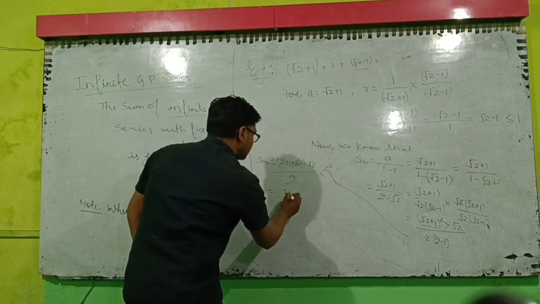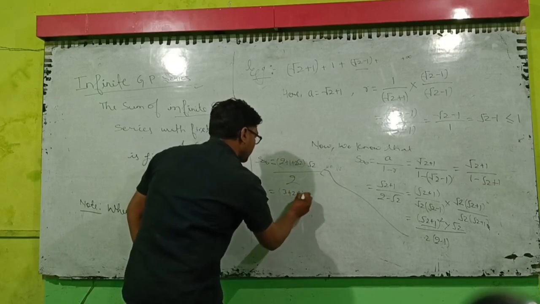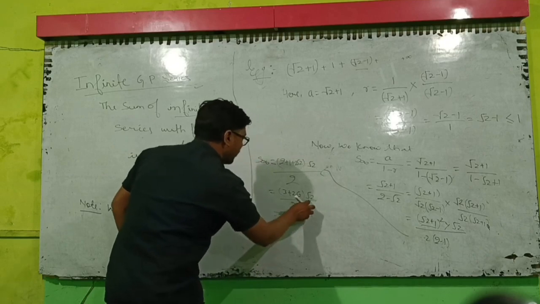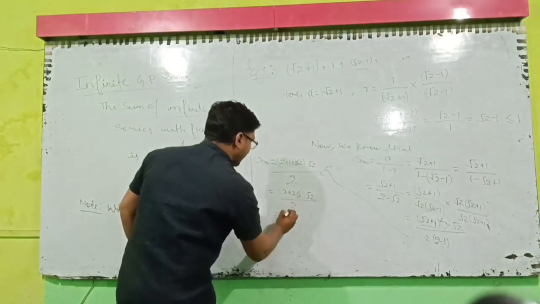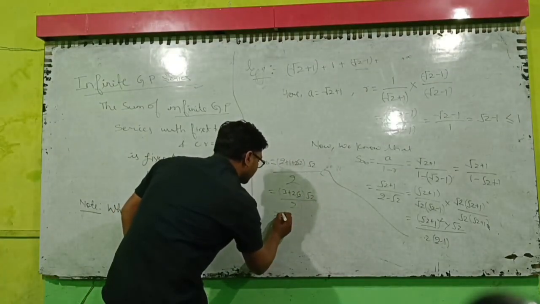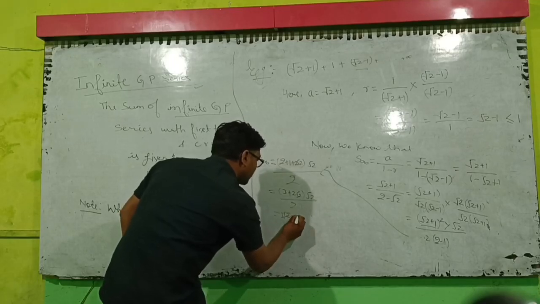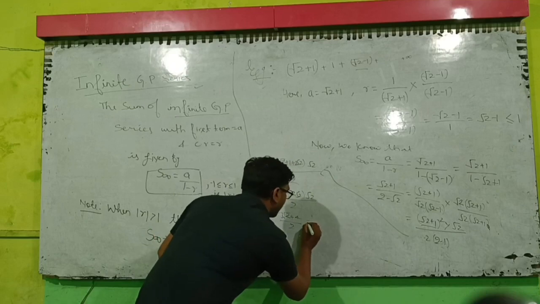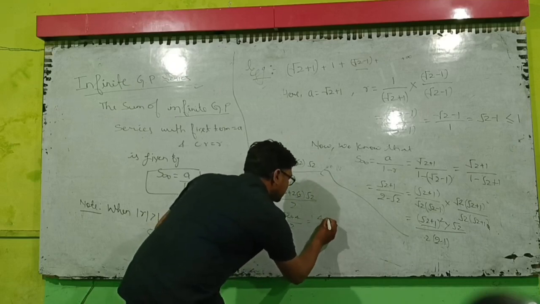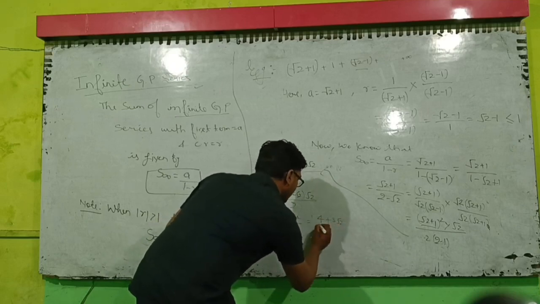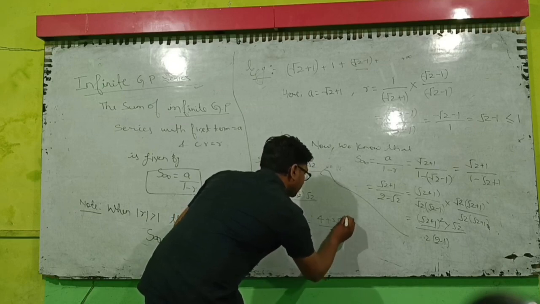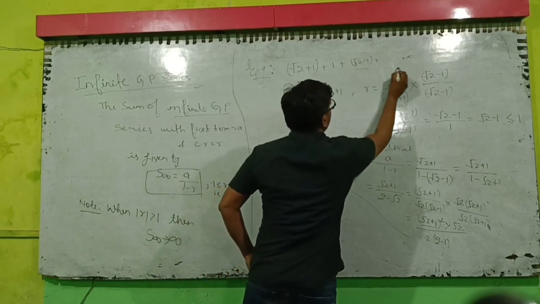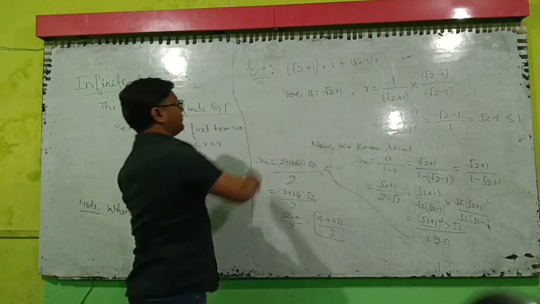This is 3 plus 2 root 2 upon 2. Now we multiply root 2 inside the bracket. This is 3 root 2 plus 4 upon 2. We get 4 plus 3 root 2 upon 2, which is the required sum of this infinite geometric progression.